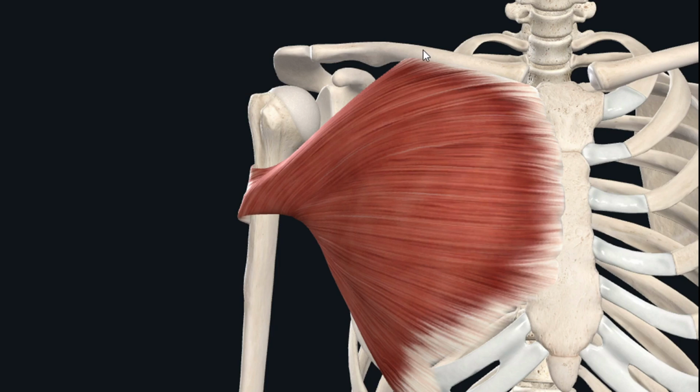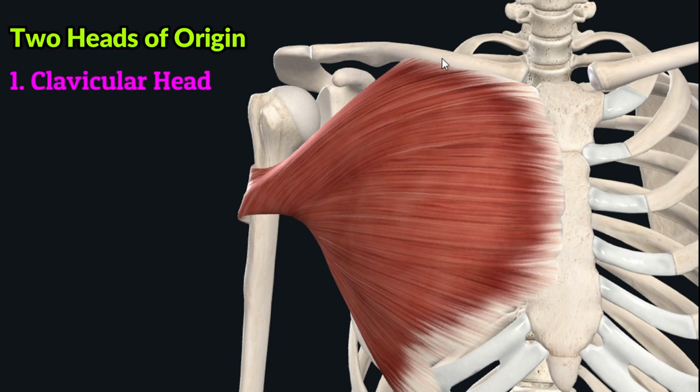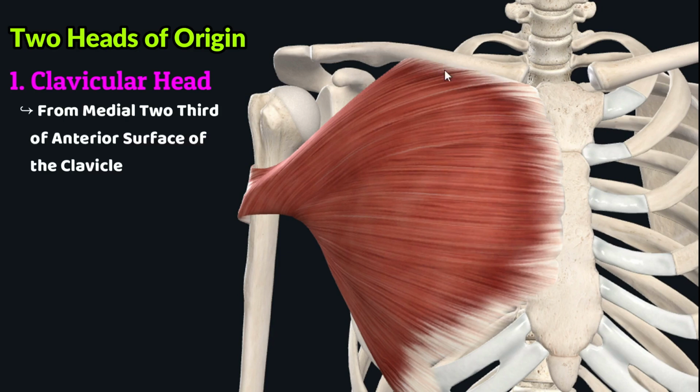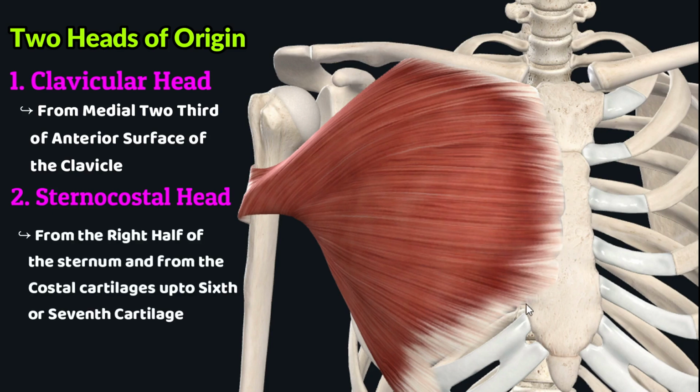This muscle has two heads of origin: a clavicular head which originates from the medial two-thirds of the anterior surface of the clavicle, and a sternocostal head which originates from the front of the sternum down as far as the sixth costal cartilage, and also from the costal cartilages up to the sixth or seventh costal cartilage.